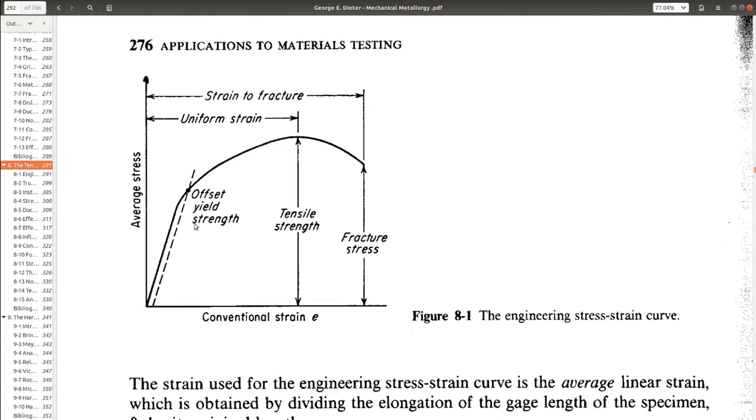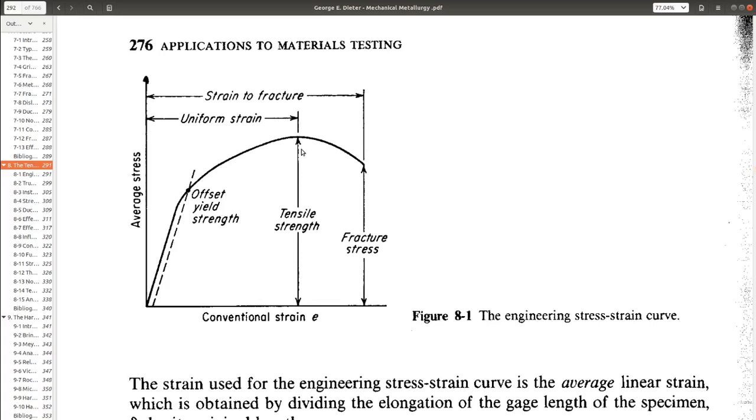If you see, the stresses keep on increasing, and once it reaches here, the stress starts getting decreased. So up to this point it's increasing, and after that it's decreasing, and this is the maximum bearable engineering stress of the material, and that maximum bearable stress is known as tensile strength.